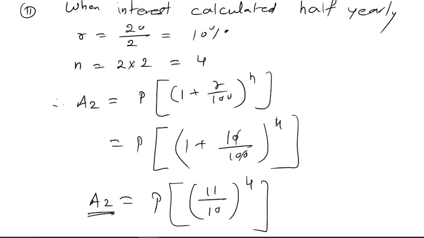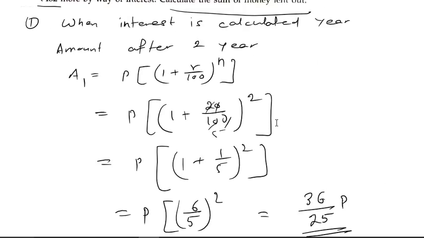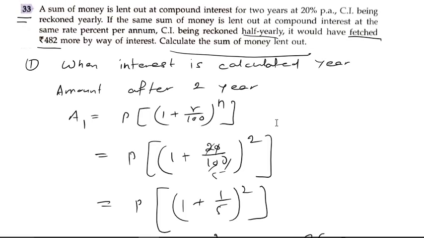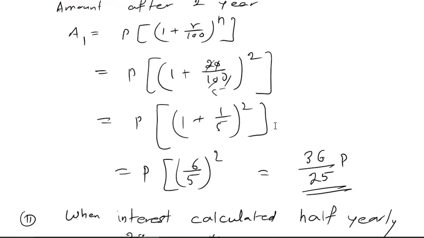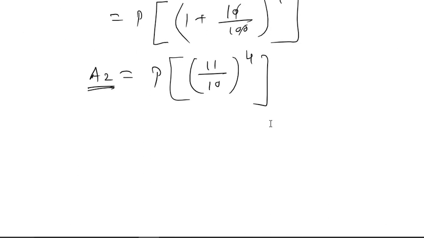What is given is that when we are doing calculation half yearly, we are getting 482 more. So 482 more means the difference between A2 and A1 is 482.